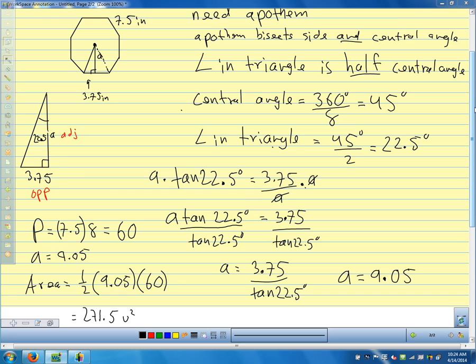So we're using the same procedure that we've used to solve all of our other problems about polygons. We needed to find the apothem. Here, because we didn't have a hexagon or an equilateral triangle or a square, we had to use trigonometry to find our apothem.